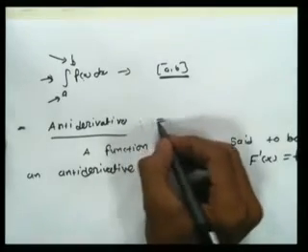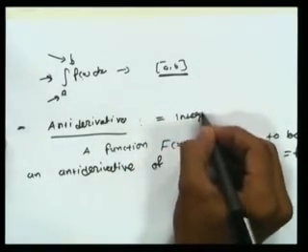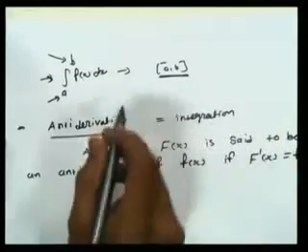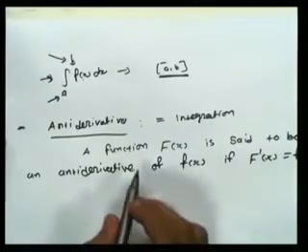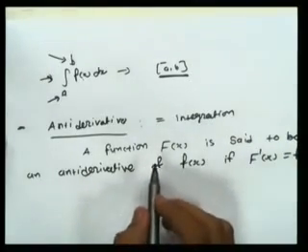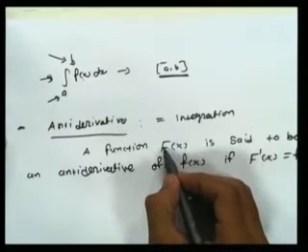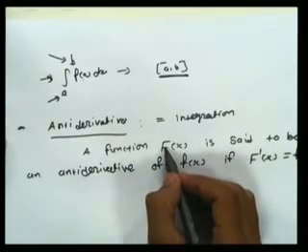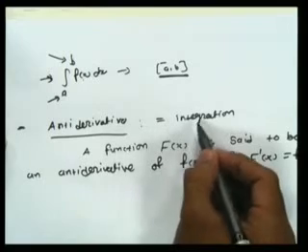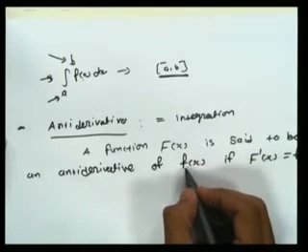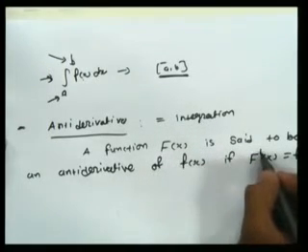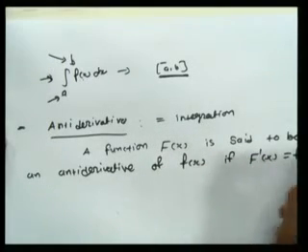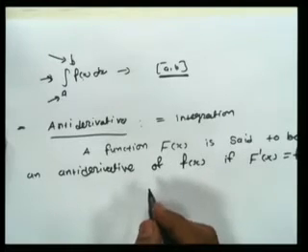Antiderivative is actually nothing but integration. It is another name of integration. So the definition wants to say that if capital F is some function and small f of x is another function, then we say capital F is an antiderivative or integration of this small f if capital F dash of x is equal to small f of x.